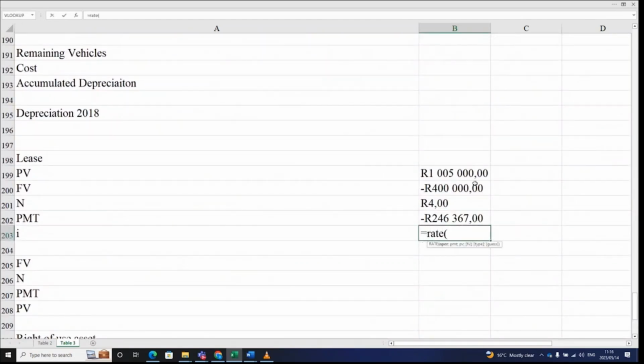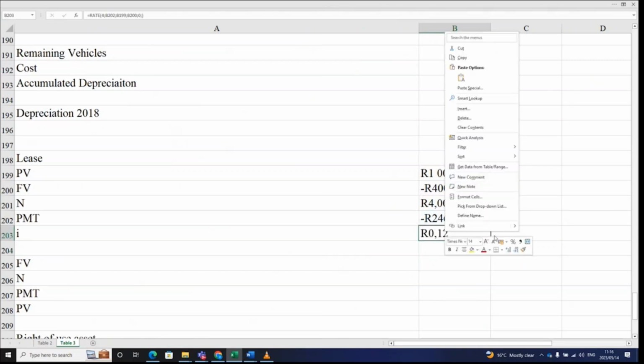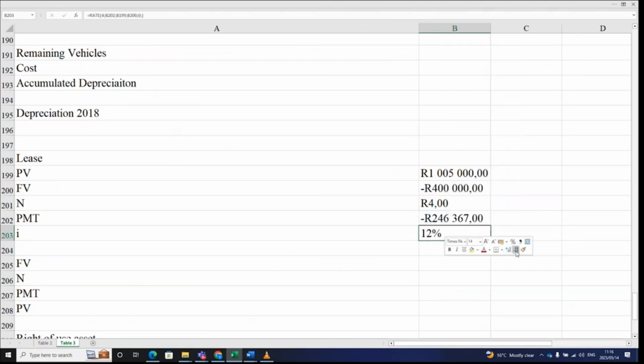Then it wants the period, which is 4. I just got it in rands there, I'll correct it just now. Then the payment, then the present value, then the future value, beginning of the period. This should be in percent, right? So it's 12%.